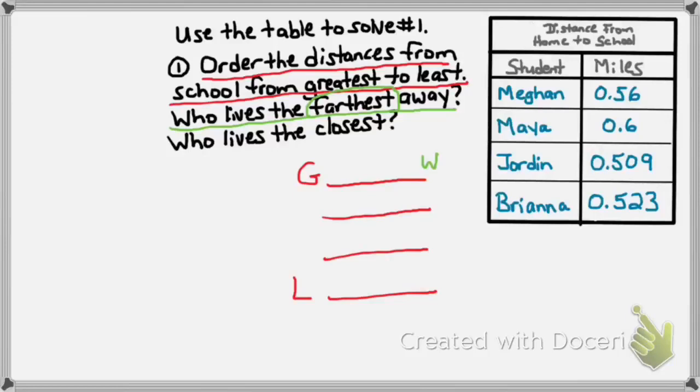So next to that farthest, next to greatest, I'm going to write who to remind myself I need to know who that person is. And the last task, the question says, who lives the closest? Whoever lives the closest, do they live the greatest distance or the least distance? Well, if you live closer, you live a shorter distance, so you'll live least distance. So I'm going to write who next to the least because I need to know that person as well.